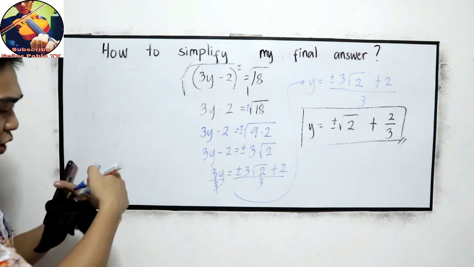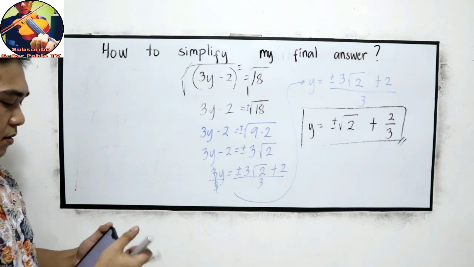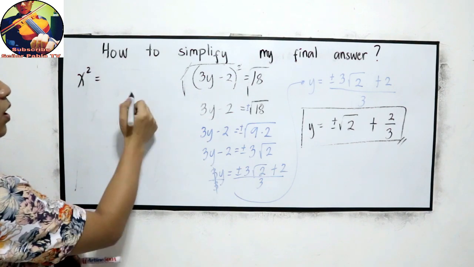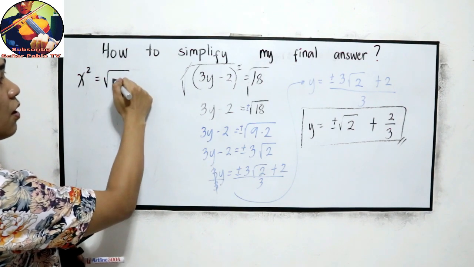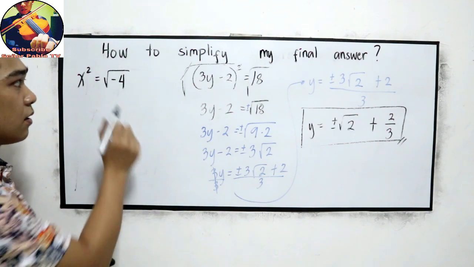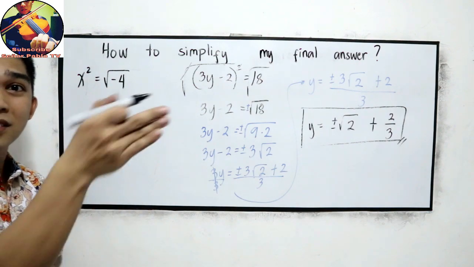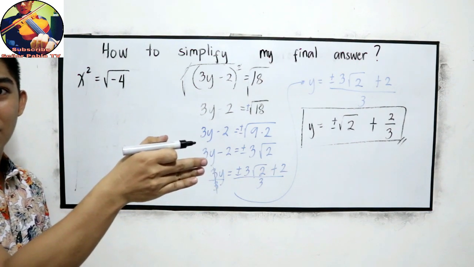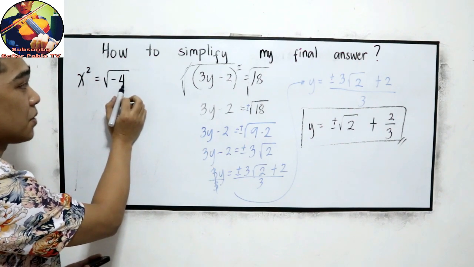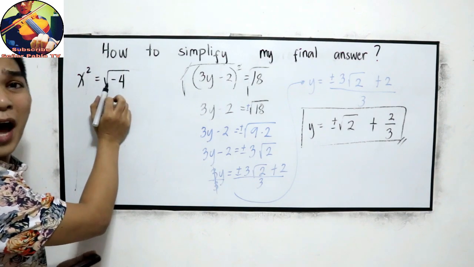Let's say you have x squared is equal to the square root of negative 4. Negative 4. In our discussion, we have examples with positive perfect squares inside our square root. What if we have a negative?